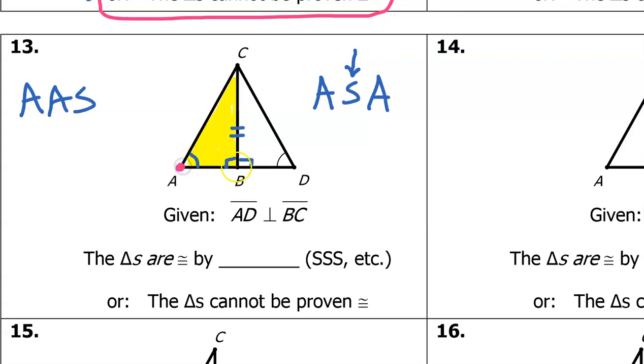There's one here and there's one here. This is the side that runs between the two angles. Is that the side that was marked? No. The congruent side is over here, not between the two angles. So that tells us that we have an angle-angle-side situation where the side is not between the two angles.